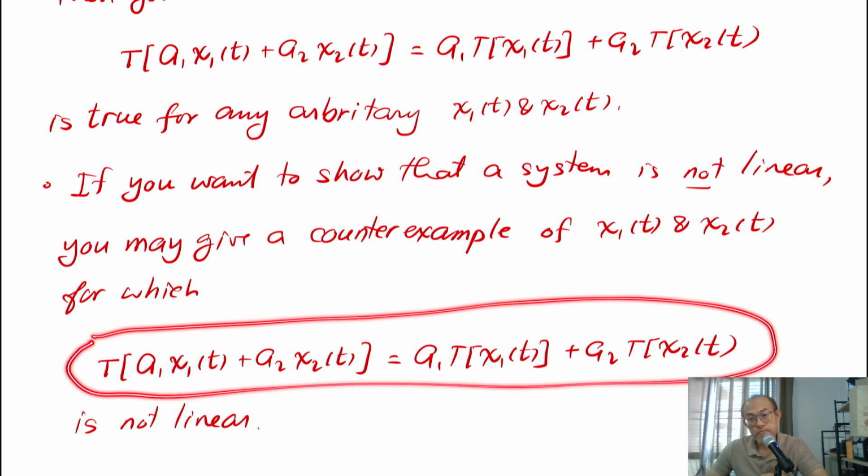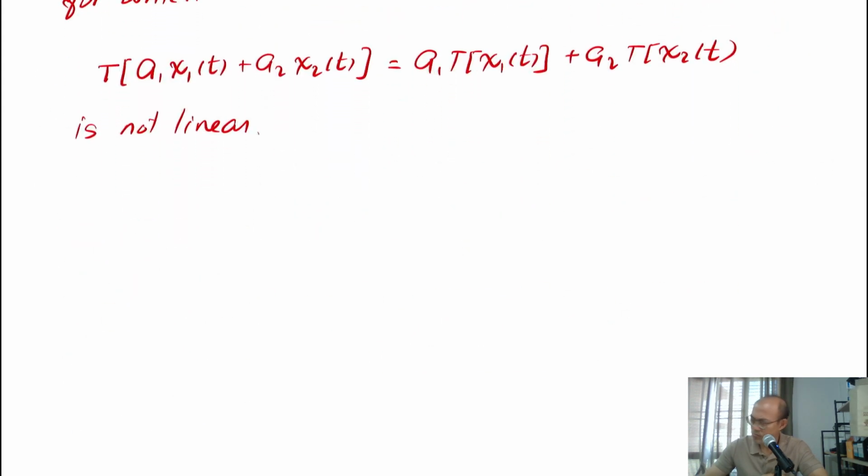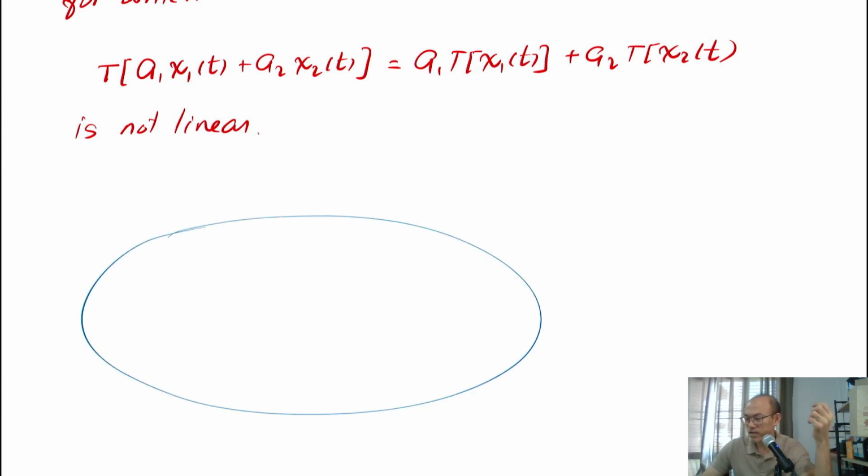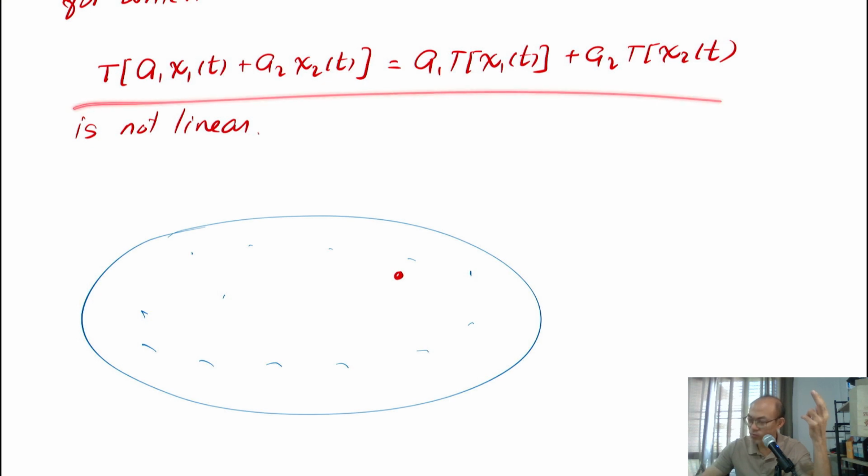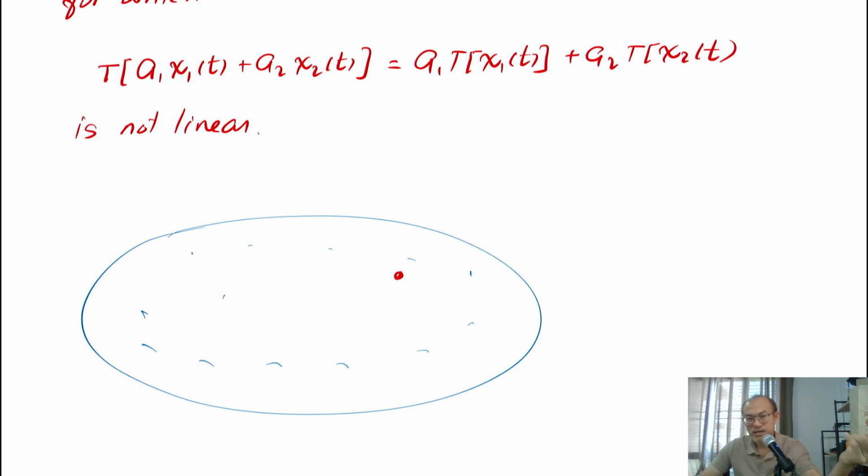Okay, you got that, right? So this is the set of all signals in the universe. To show that it is linear, this equation has to be true for every member of the set. But if there is at least one member of the set that makes this equation not true, then it is not linear anymore.